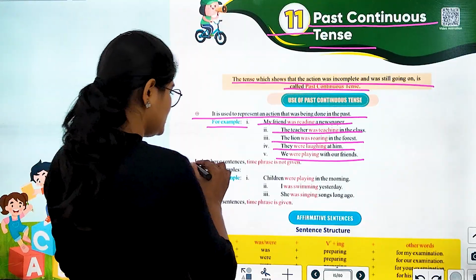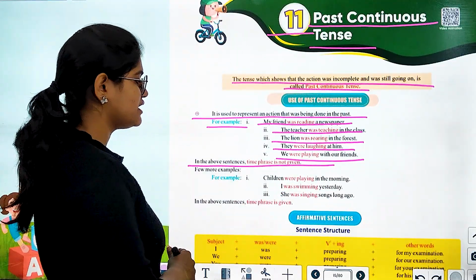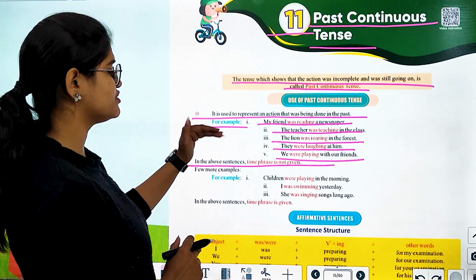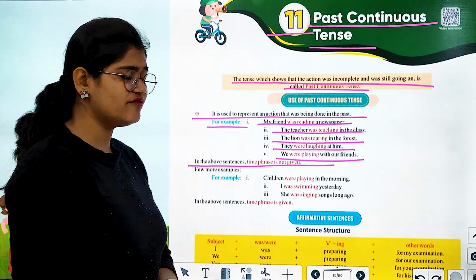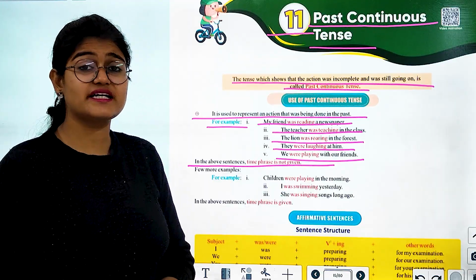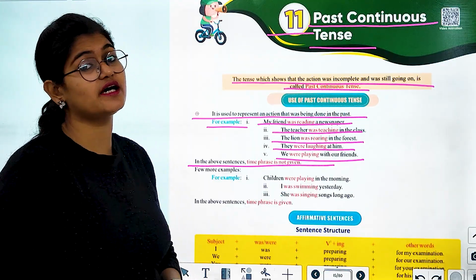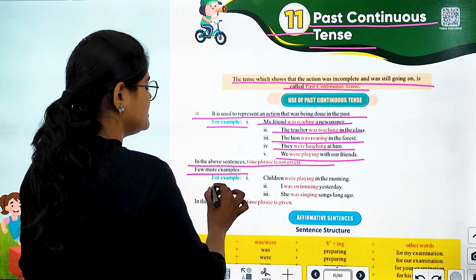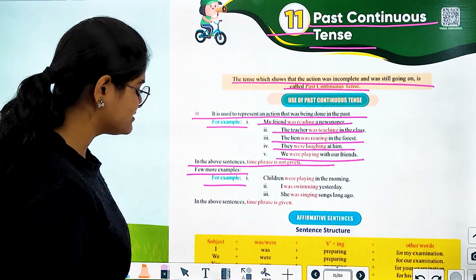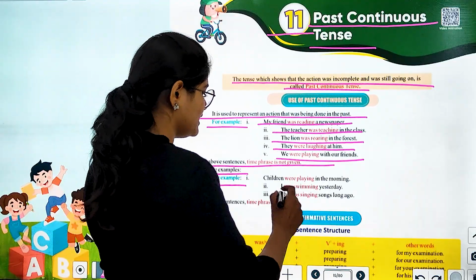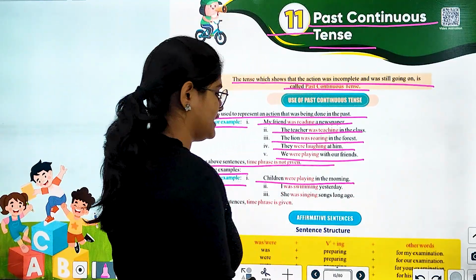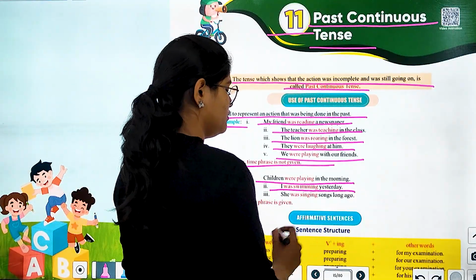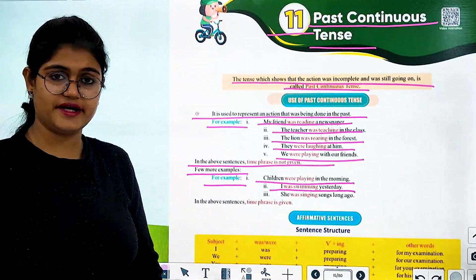Next, in the above sentences, time phrase is not given. अब जो ये ऊपर sentences mention है, इनमें time phrase यानी कि वो काम exactly specifically कब हो रहे थे ये हमें नहीं बताया गया है, right? Few more examples. अब हमारे पास कुछ और examples हैं जो कहते हैं children were playing in the morning. I was swimming yesterday.